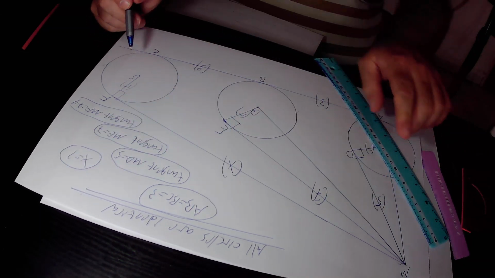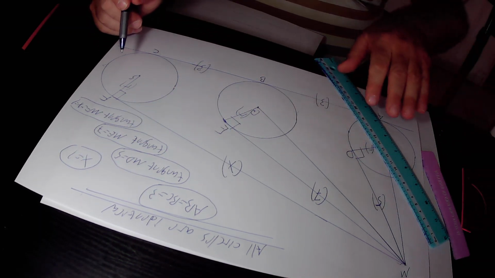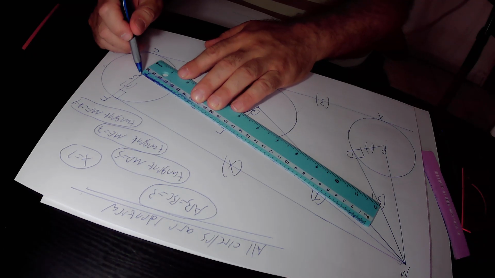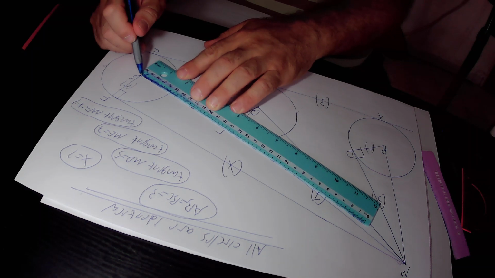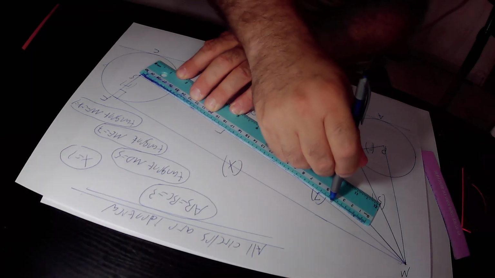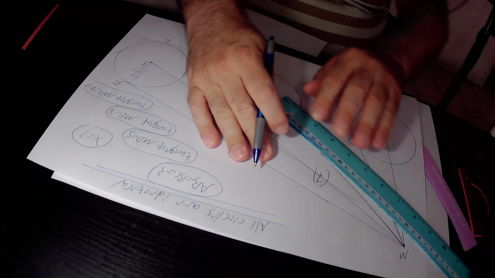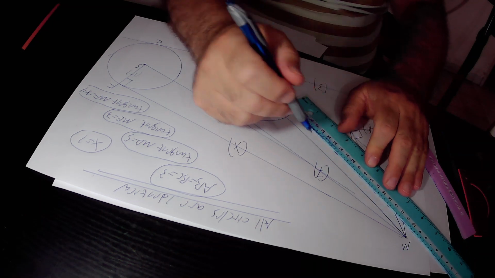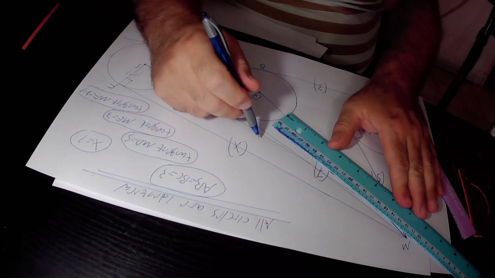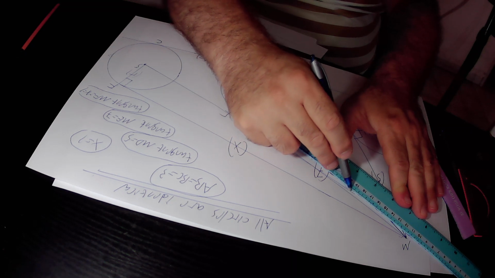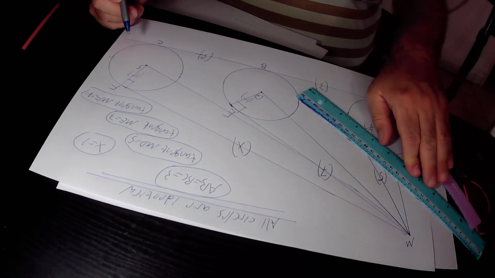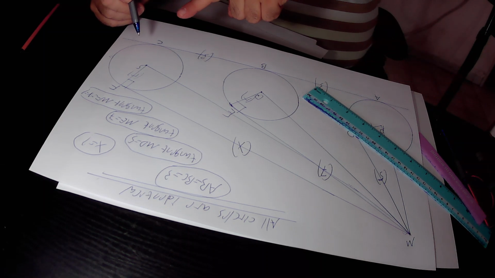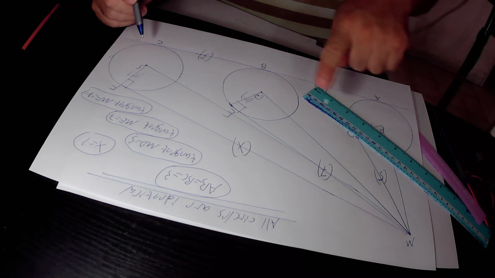In the next step, we will join points M and S together by a straight line. MS is the hypotenuse of the right triangle MSF, so we implement the Pythagoras theorem on the right triangle MSF.